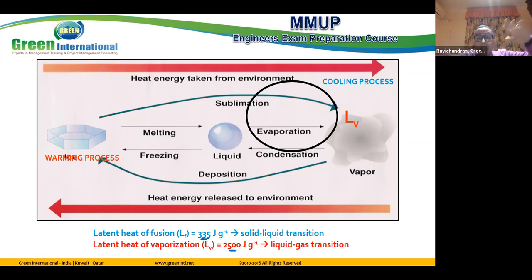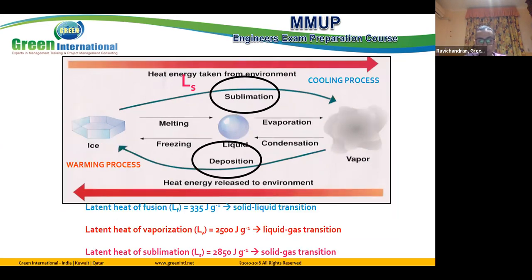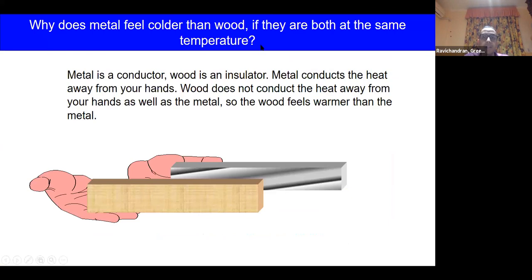So it is easy to change from solid to liquid, but so difficult to change from liquid to gas. Each time, the latent heat is required. For example, the latent heat for sublimation total is just the direct summation of fusion and vaporization. Okay, let's see one question here.